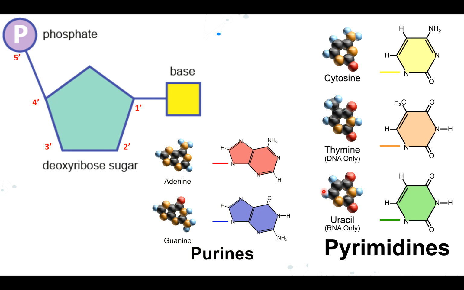These are the 2 types of nitrogenous base. You can pause this video and have a look for 1 minute to understand the difference between the double ring structure of nitrogenous bases, called purines, and the single ring structure, pyrimidines.